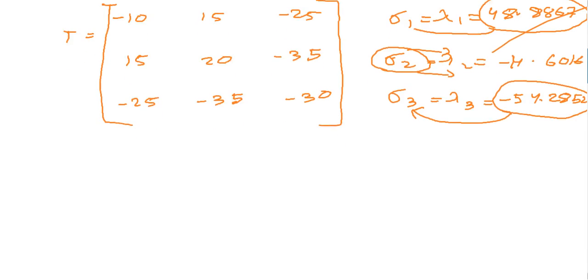The difference between the greatest compressive stress and the weakest compressive stress is called the differential stress. We denote differential stress as sigma d, which is sigma 1 minus sigma 3.